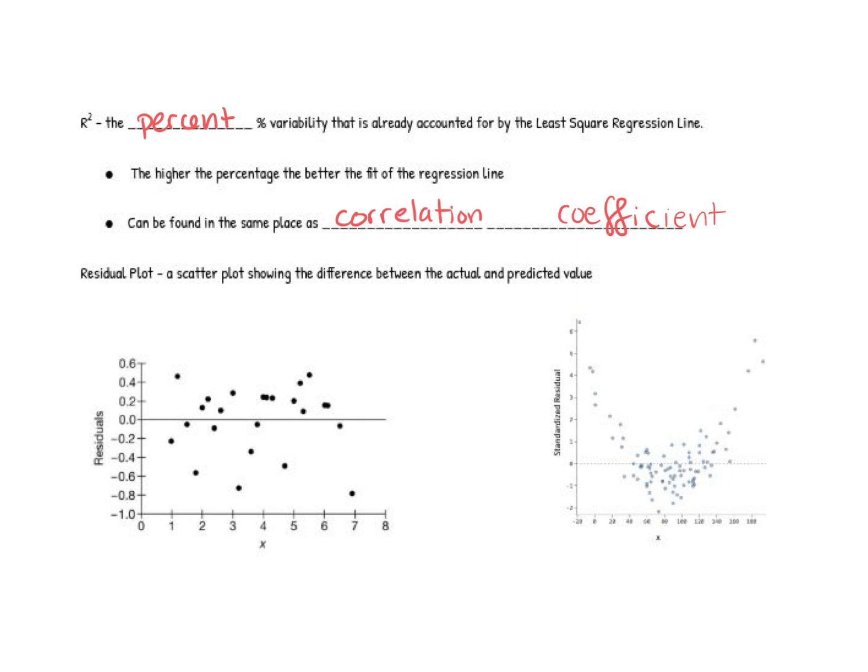So we use these in our residual plots. So a residual plot is a scatter plot showing the difference between the actual and the predicted values. So this would be a good residual plot because it is random. You want a random residual plot.